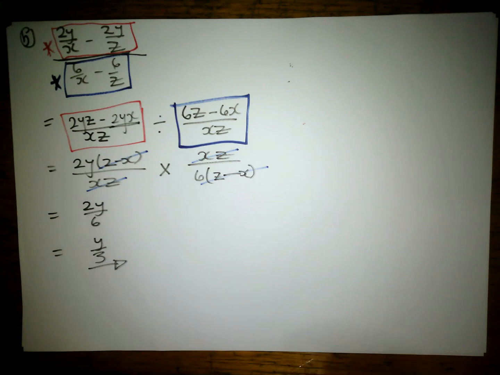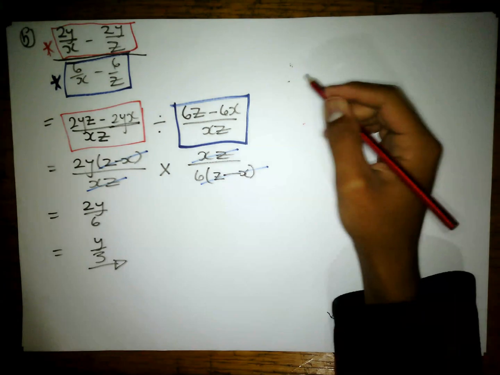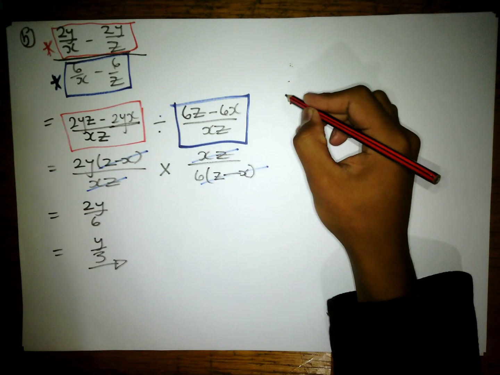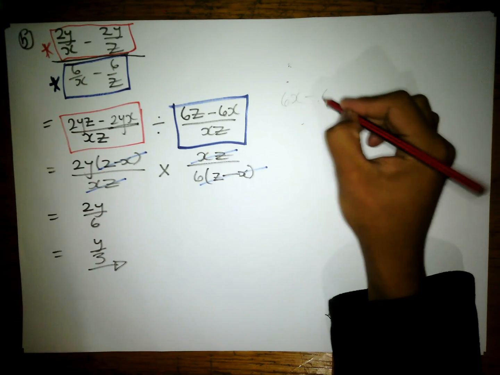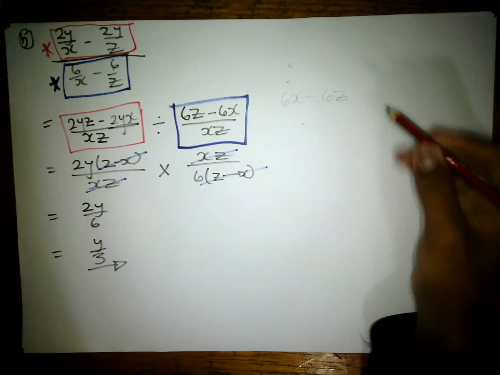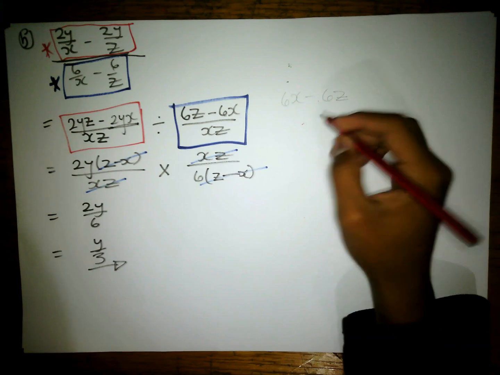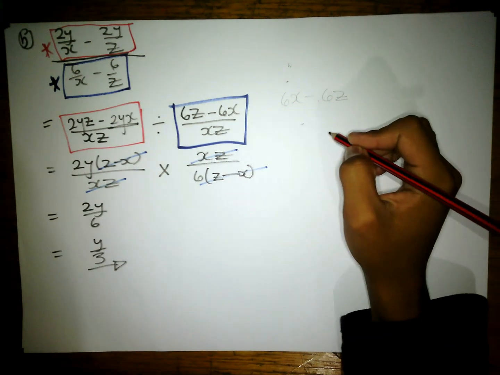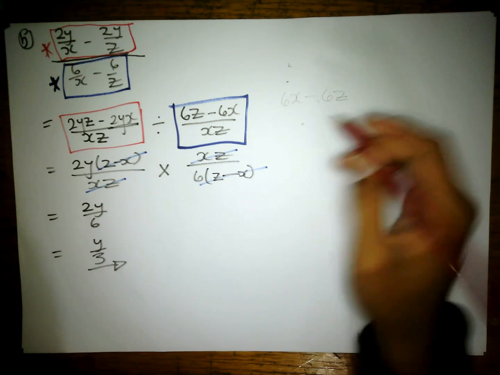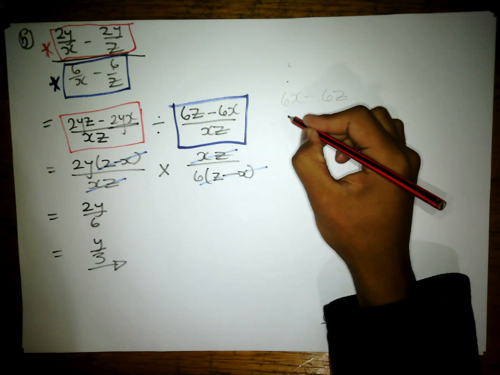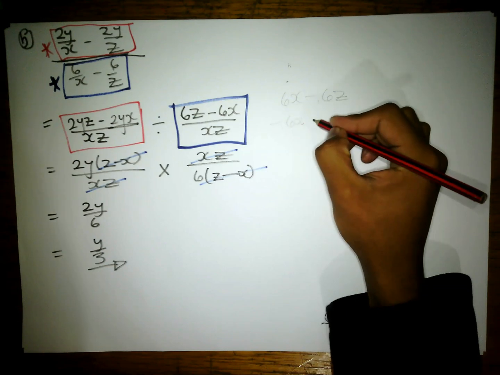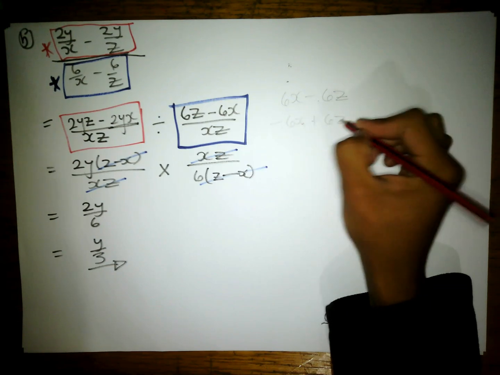If it was like that though, if it was like you are saying, then what you are saying is this. If it was a 6x minus 6z, what you would do is take out the negative like this to be 6x plus 6z.